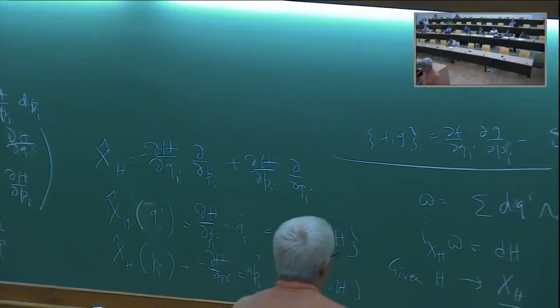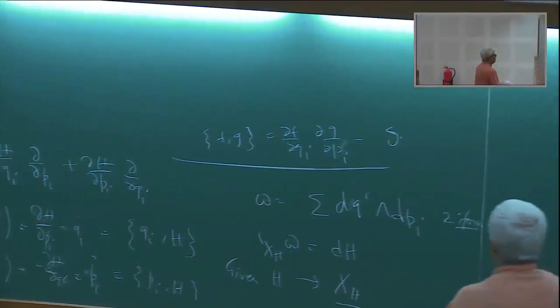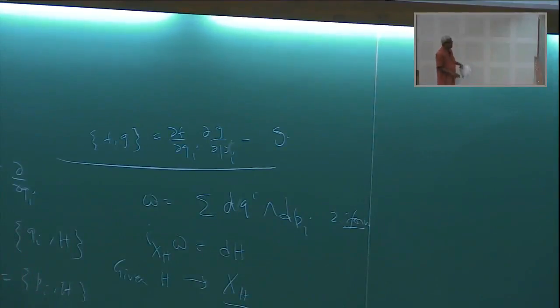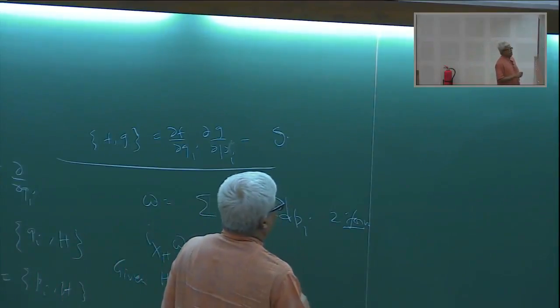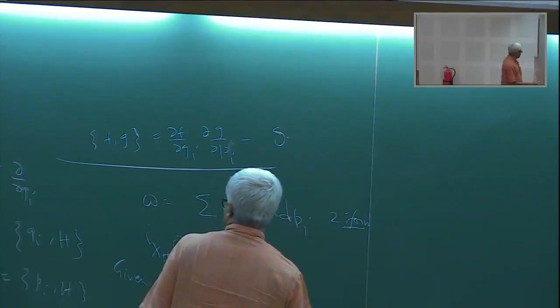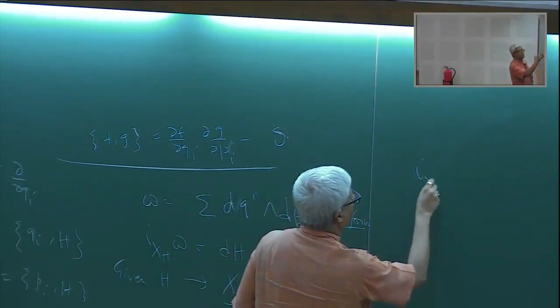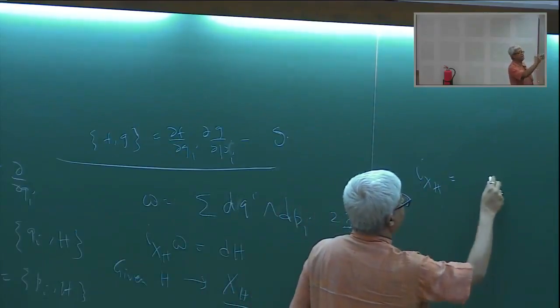This is clear. That's the routine task I'm going to do. Not only that, if you understand this point, then there is an important thing also. Let me do this, because if you feel uncomfortable, as you see, this is a contraction. X_H is that.